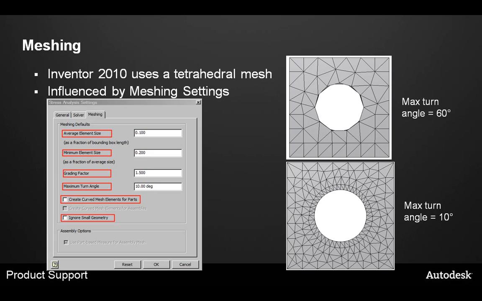If you change the maximum turn angle to 10 in this particular case, you will see that the succession of tetrahedral meshes is much more dense on the cylindrical face compared to the planar faces, and that conveys very well what the effect of this max turn angle is.